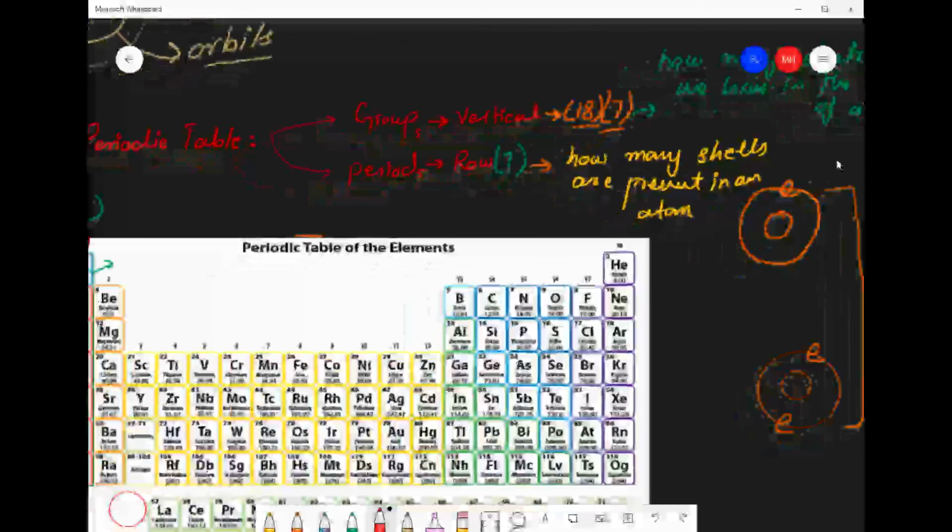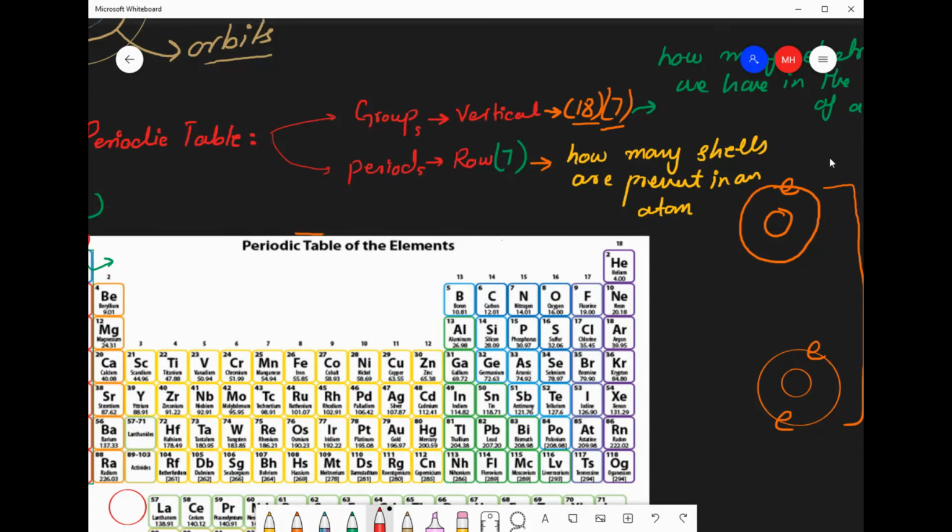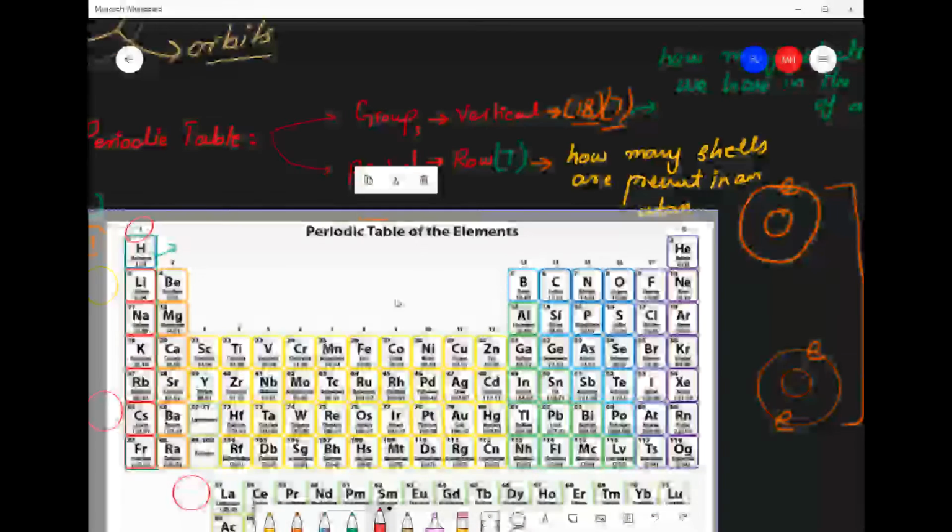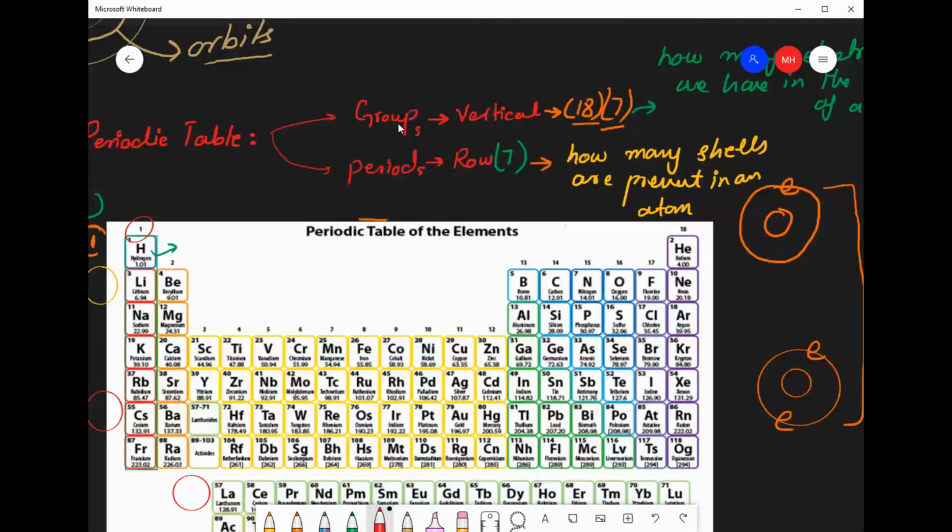Now, the other thing is, is this followed by all the groups here? No. Some of the groups don't follow the rule that the group number tells us how many electrons. So in order to understand, I will write it here.